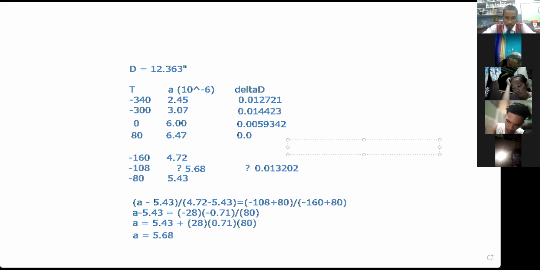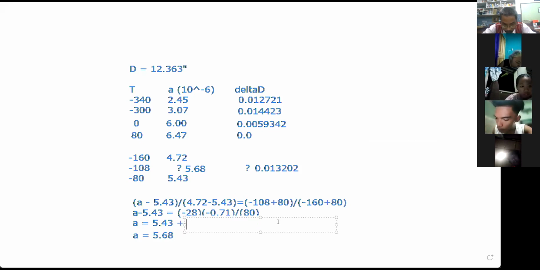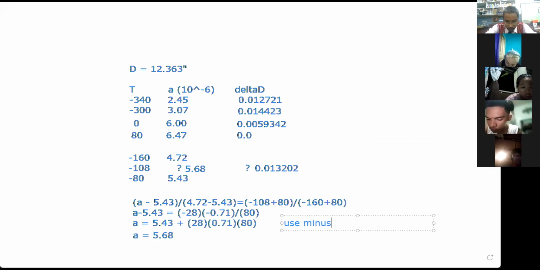So instead of plus, this should become minus. Okay? Use minus here, not plus. We use plus, no? So meaning 5.43 minus.